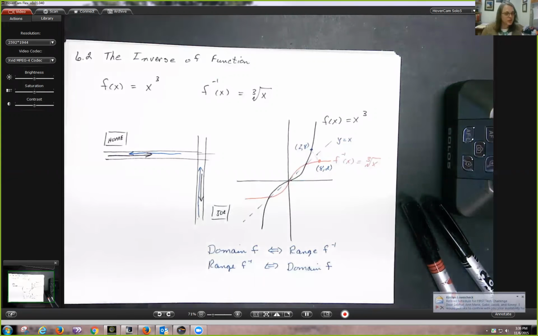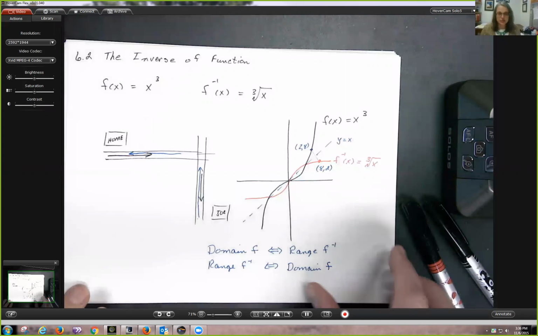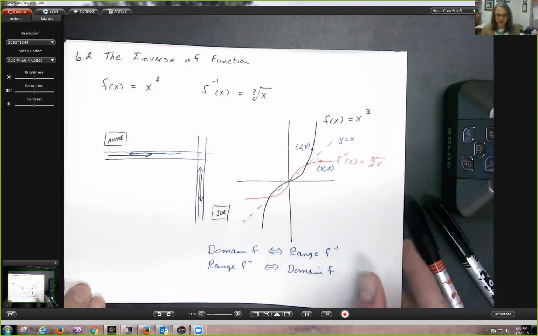Remember that the domain are the x values that we are allowed to put into a function. And the range is the set of all y values that we can get out of that function. Okay, so that's the basics of what an inverse function is. Let's talk about how we find them.